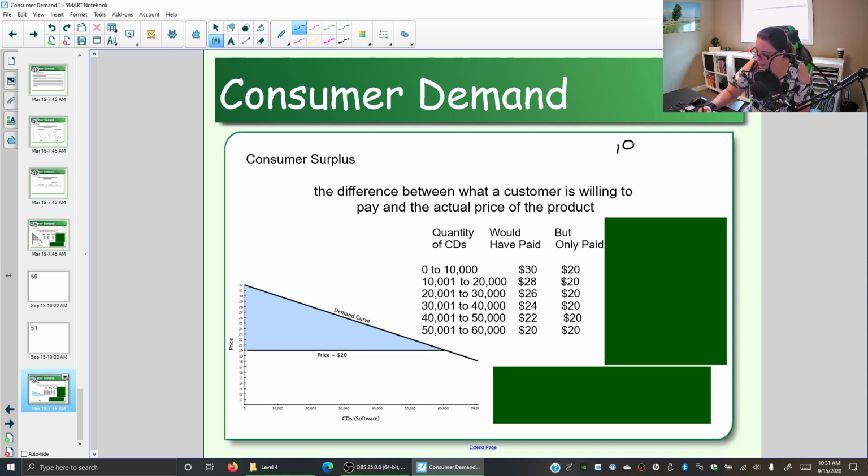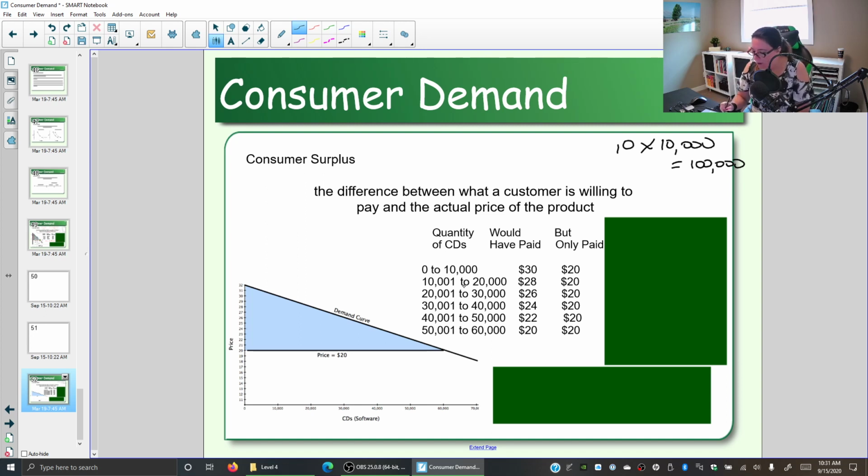The deal we were getting was 10, but we're getting that for all 10,000. So the consumer surplus here is actually 10 times 10,000, or 100,000. So we were willing to pay $100,000 more than we actually paid. So we saved ourselves $100,000.